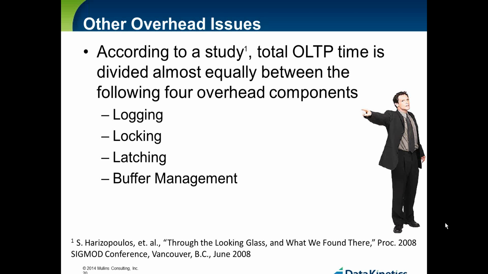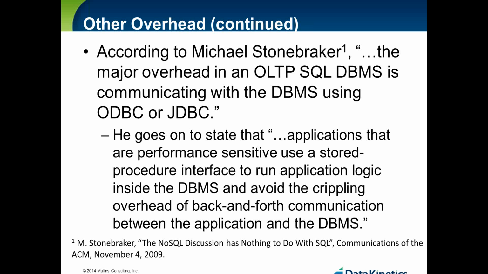And he made this statement in a Communications of the ACM article. It's the Association for Computing Machinery that's listed down here. So that's another issue to keep in mind. Applications that are performance sensitive, a lot of them use stored procedures, run application logic inside the DBMS to avoid the overhead of back and forth communication between the app and the DBMS.